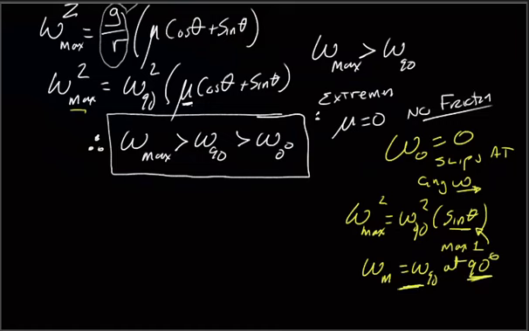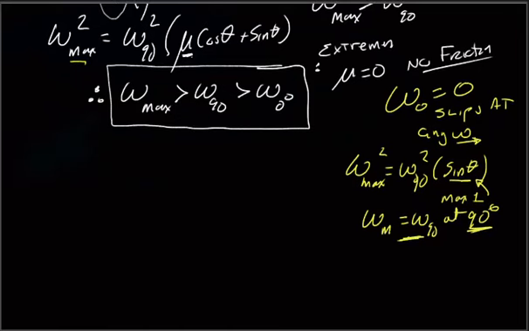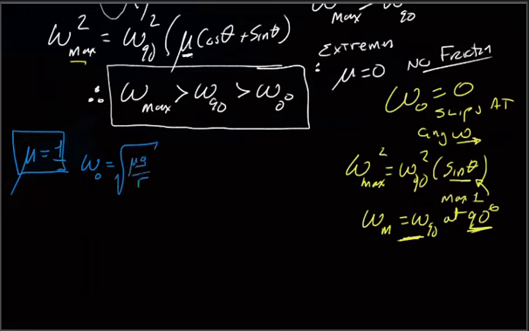If we look at the other extreme, where mu is equal to 1. Let's give it a lot of friction, very, very sticky. If we look at that, omega 0 is the square root of mu g on r, which will become the square root of g on r, which was omega 90. So they'll be equal to each other.